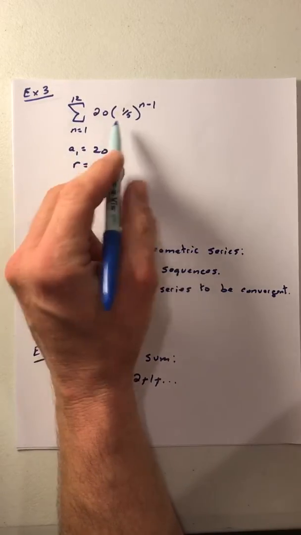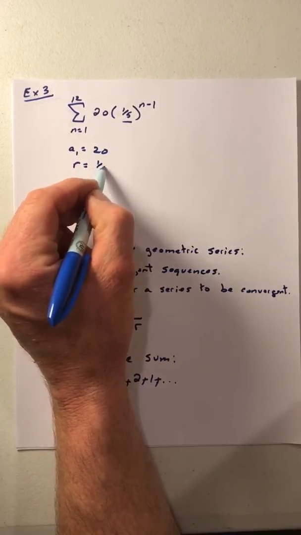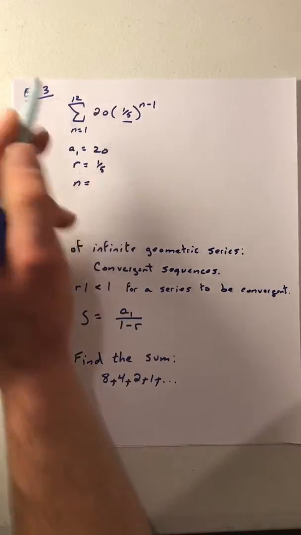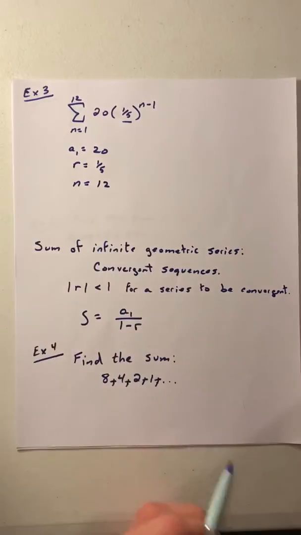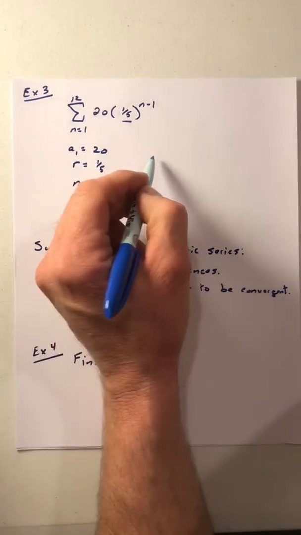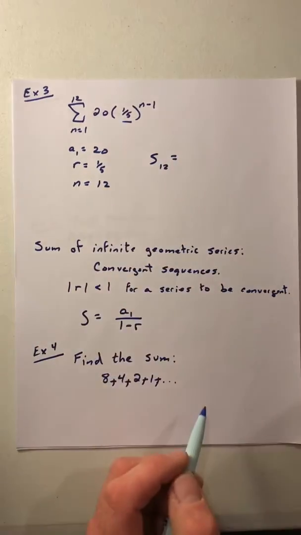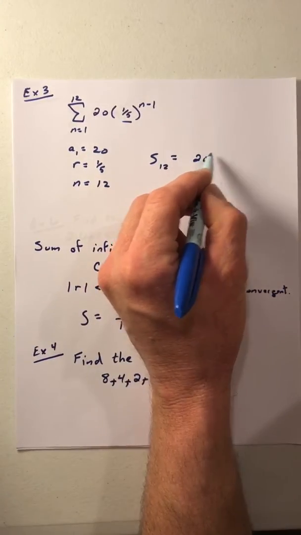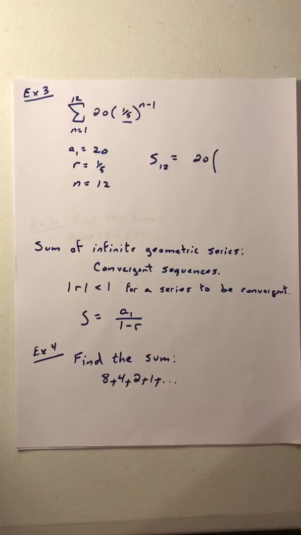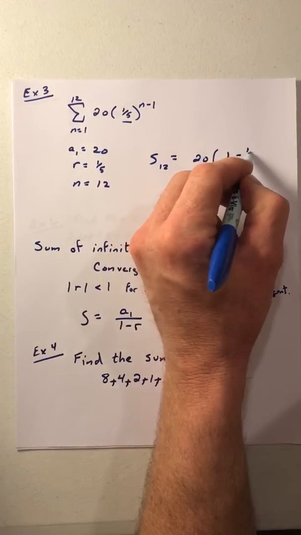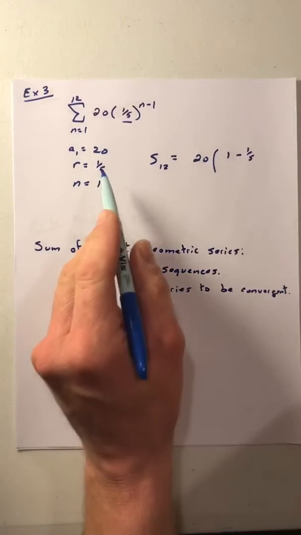We know the common ratio is 1/5. And we know the number of terms: 12 minus 1 plus 1 gives us 12. So the sum of those 12 terms is going to equal 20 times 1 minus our r, which is 1/5, to the 12th.